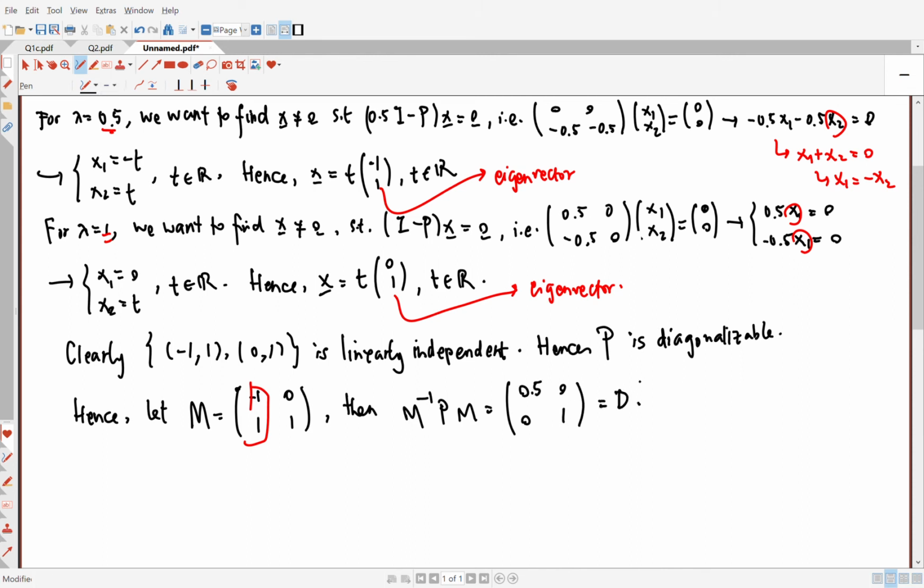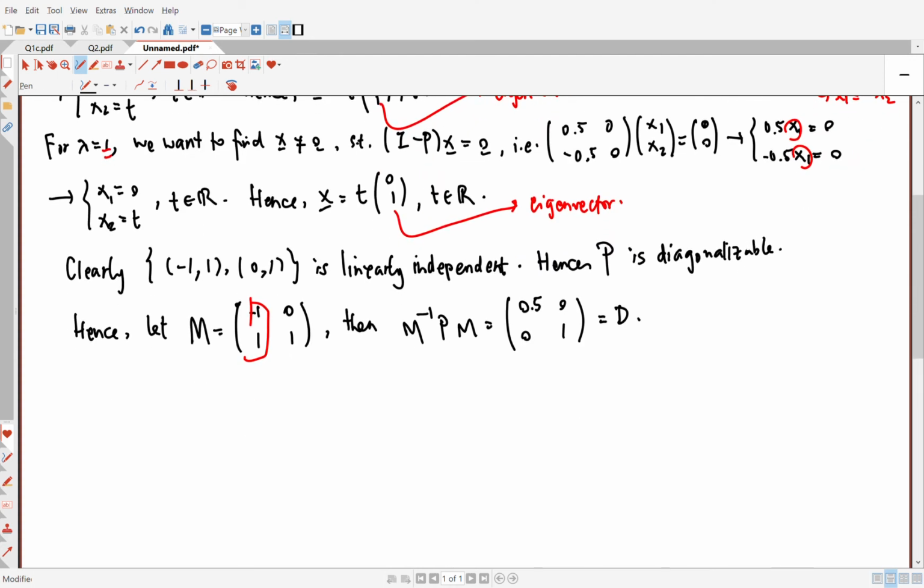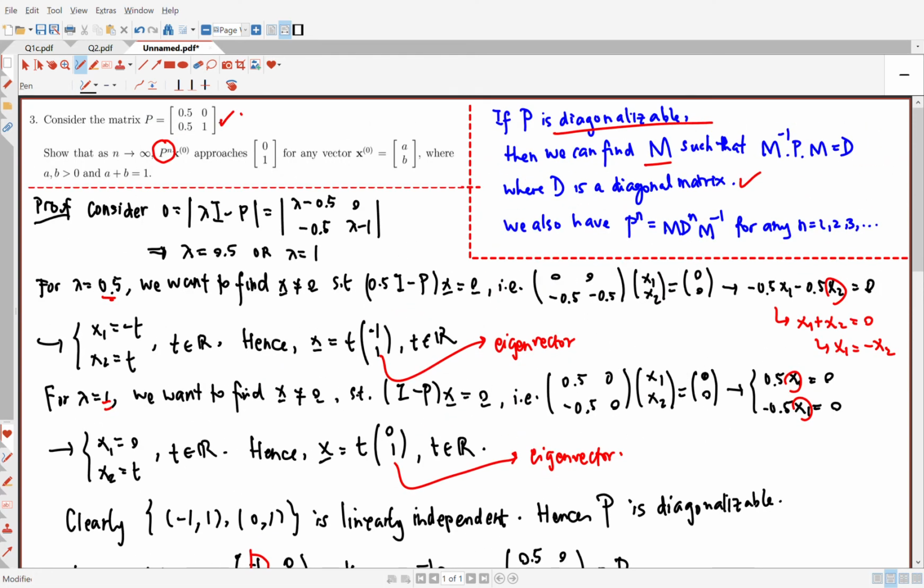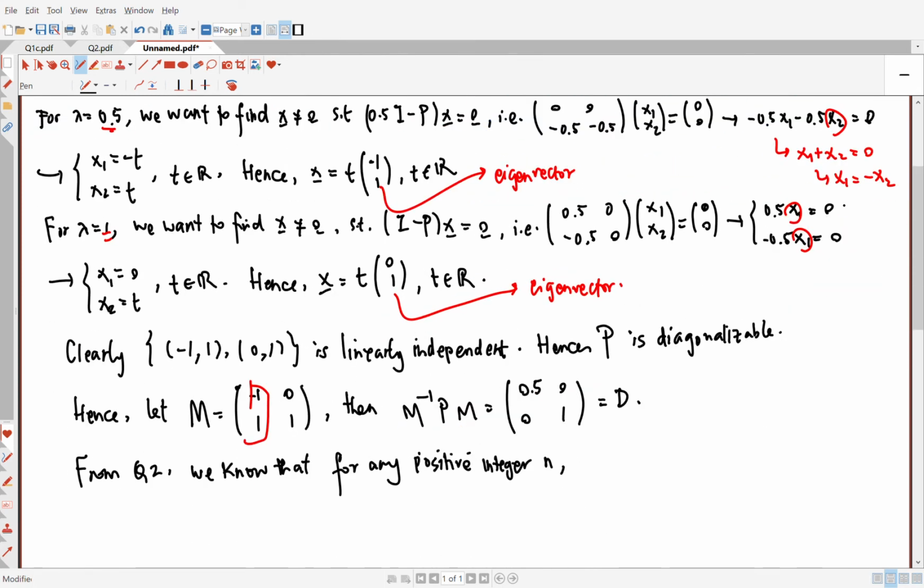Let's call this D. And from question 2, we know that for any positive integer n, we have P to the power of n is equal to M D to the power of n M inverse.